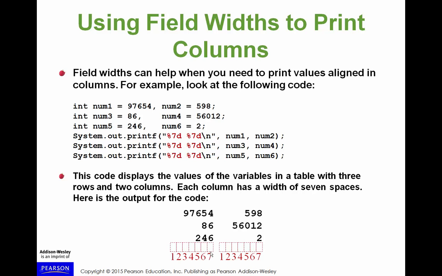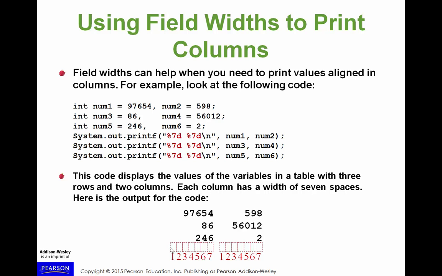Well, let's look at the format here. We've got a bunch of values, num1 through num6. And the output format string looks like this. %7d leaves 7 spaces for a decimal number, and then an additional space, and then leaves 7 more spaces for another decimal number, and then a new line.